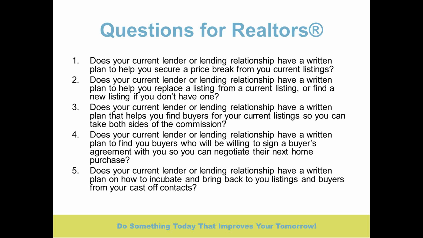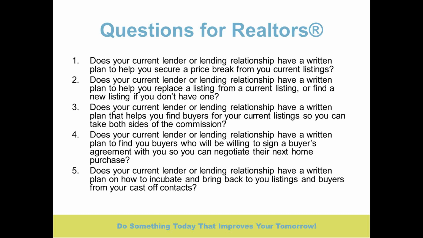And the other part is that not facilitating that next purchase is costing them money every day, because they're locked into selling a home and not locked into appreciating the value of their new home. So does your current lender have a written plan to help you secure a price break from your current listings? It's a big point.